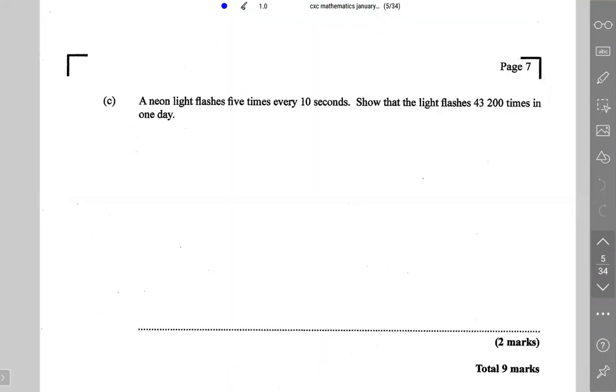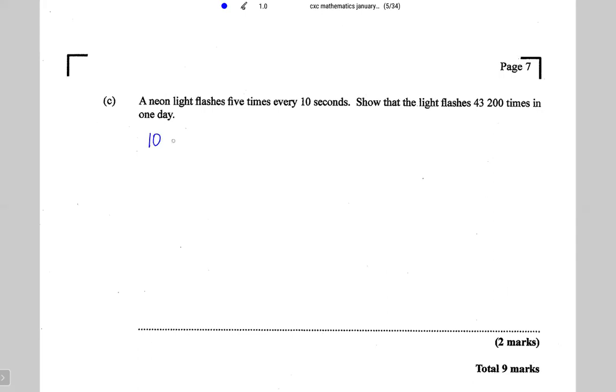This says, a neon light flashes 5 times every 10 seconds. Show that the light flashes 43,200 times in one day. So in 10 seconds, the light flashes 5 times.